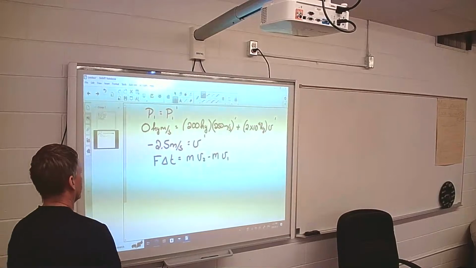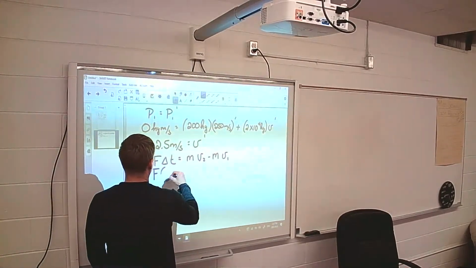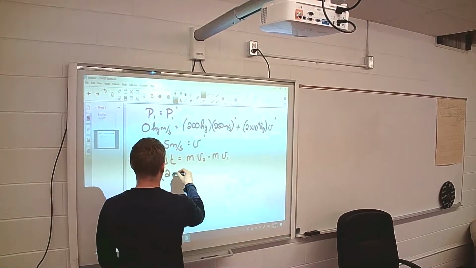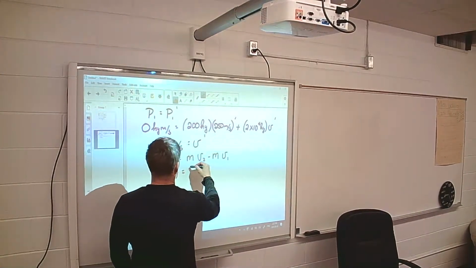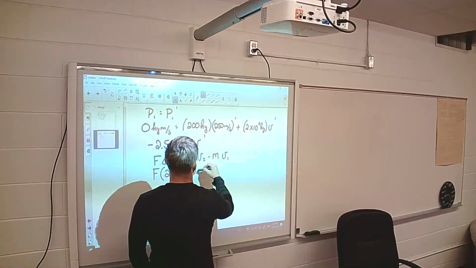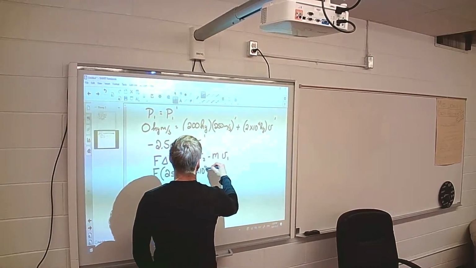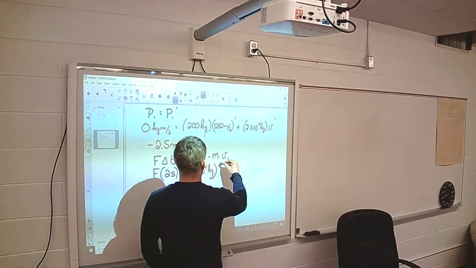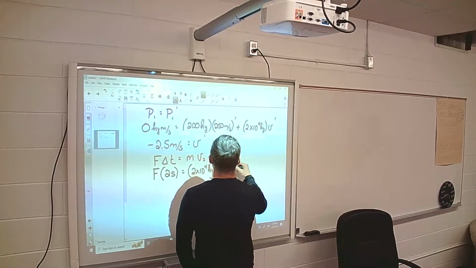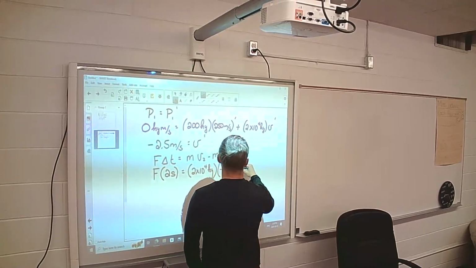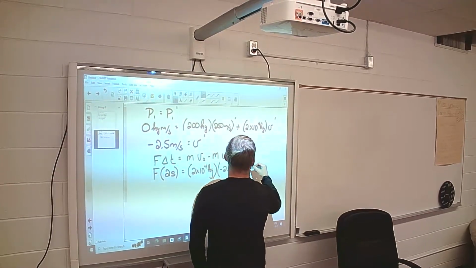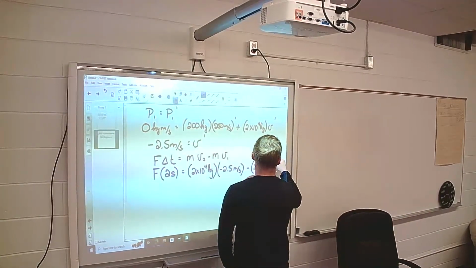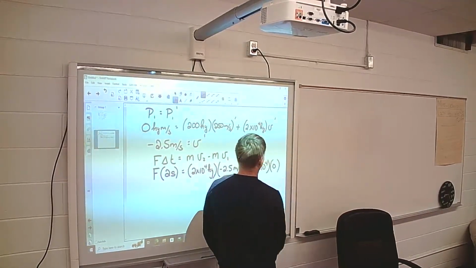All right. We want to know the amount of force acting on it over how long? 2 seconds? Equals the mass, which is 2 times 10 to the fourth kg, my V2 is negative 2.5 meters per second, subtract my mass, which is 2 times 10 to the fourth times 0.